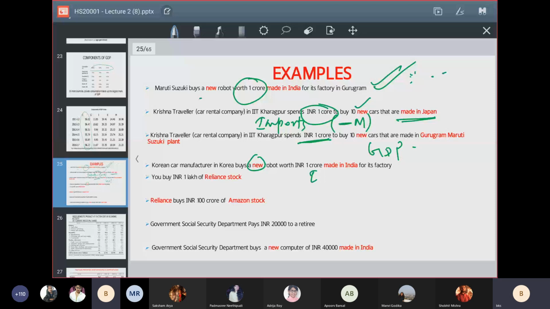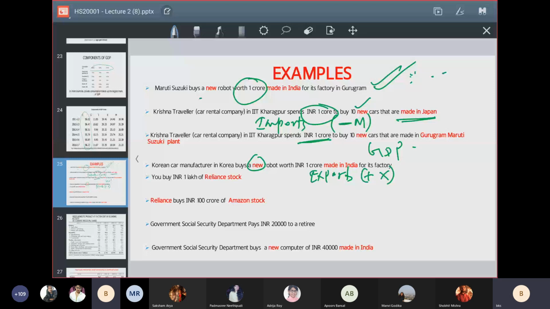Similarly, in the other example, you buy 1 lakh of Reliance stock. Though the transaction is in India, like you are buying from say the Bombay Stock Exchange, when you are buying the stock of Reliance from the Bombay Stock Exchange, there are no new goods and services produced.